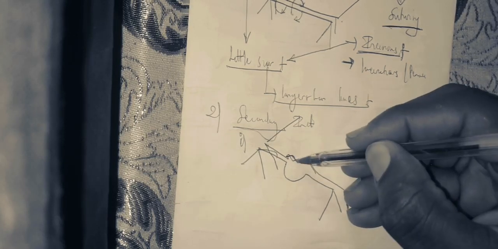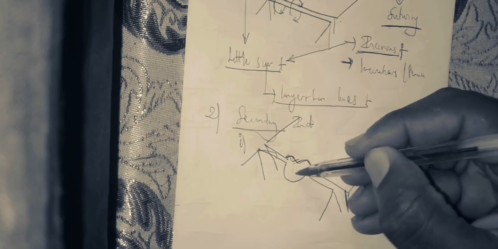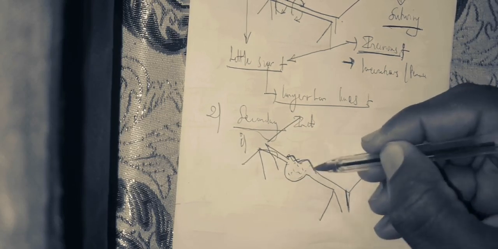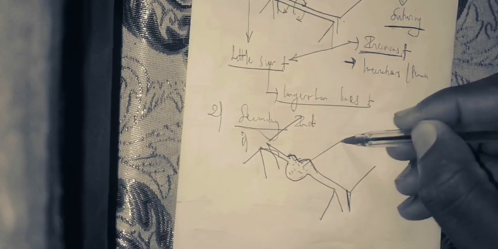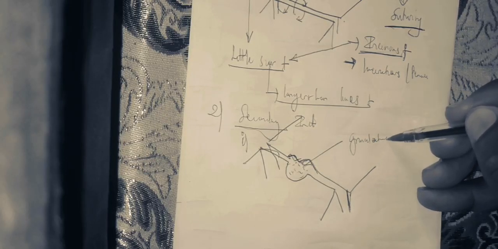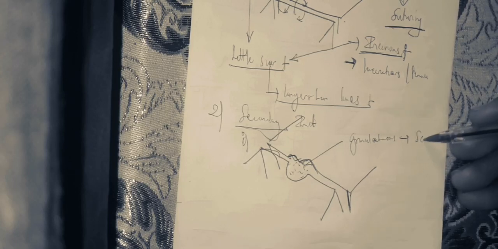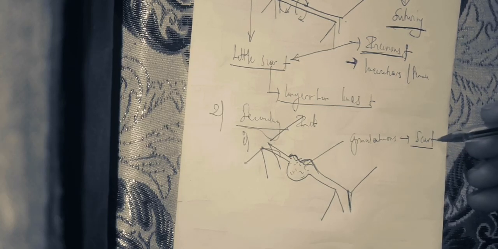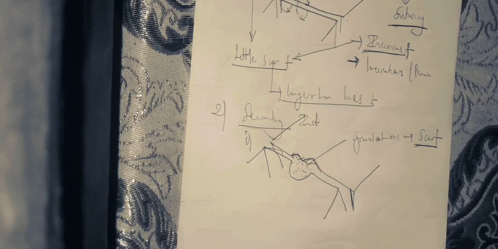Is it clear? Since they are not opposable to each other, in order to fill the gap of the non-apposition, you are going to have granulation tissue, connective tissue that is going to produce the scar.